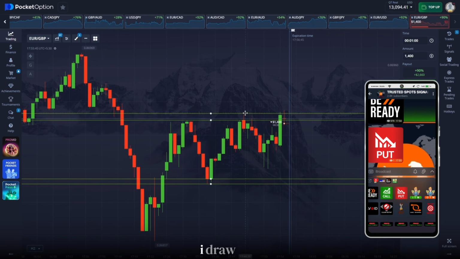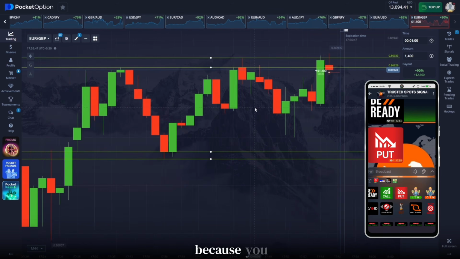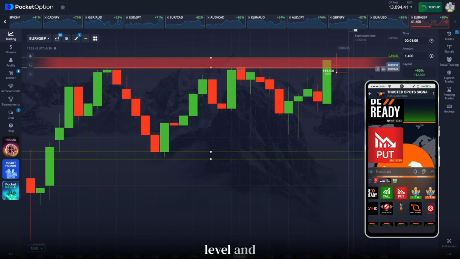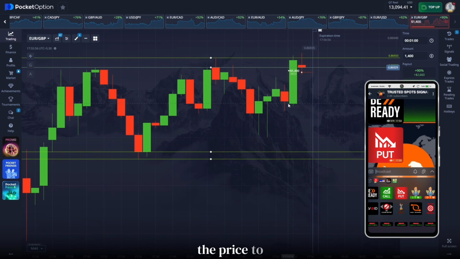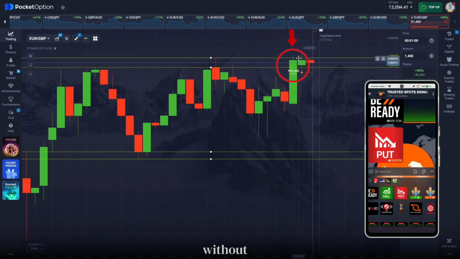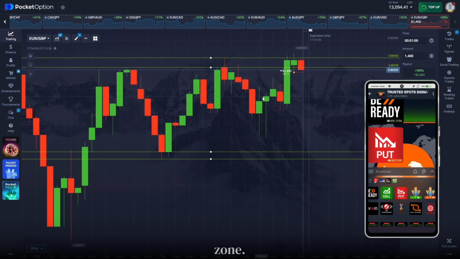In this case, I drew this resistance because you can see this was the wick rejection level and this was the body level. So this was a whole resistance zone for me. I waited for the price to retest. Price goes up. This 1 minute candle closes below the resistance without a breakout, which means the price will not break this zone and chances of reversal were high.